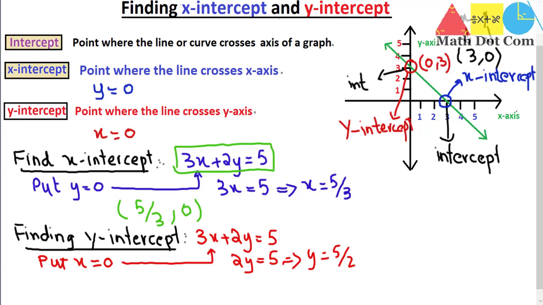So the point where the line with this equation cuts the y-axis is (0, 5/2). So this is the y-intercept.